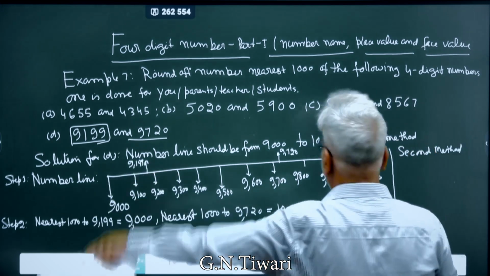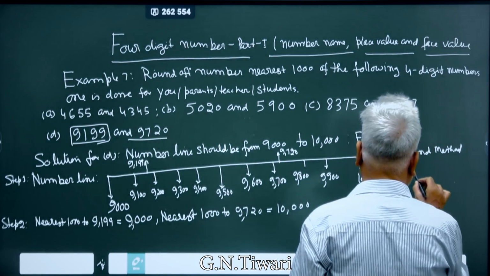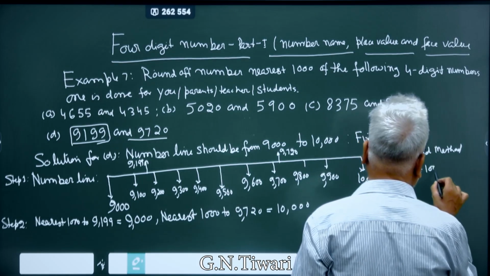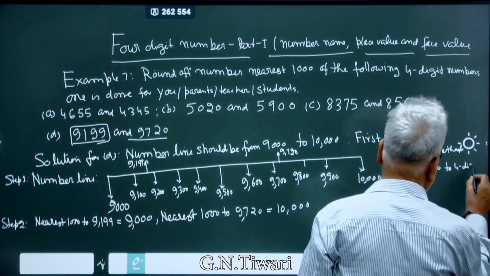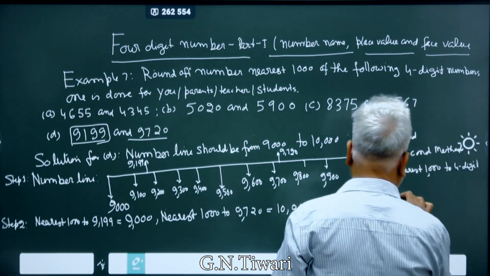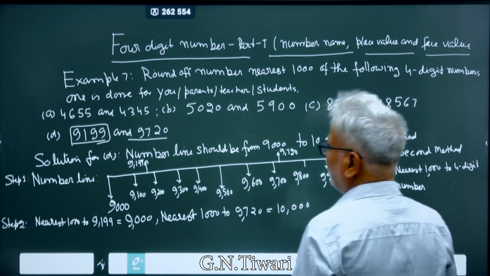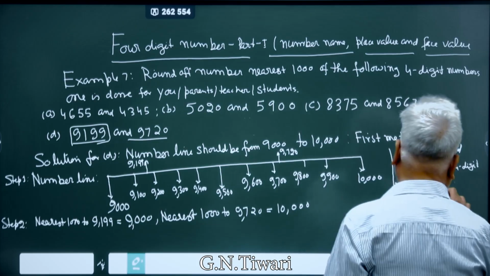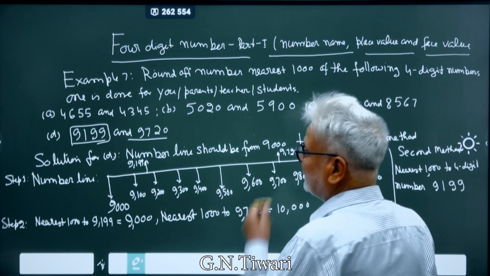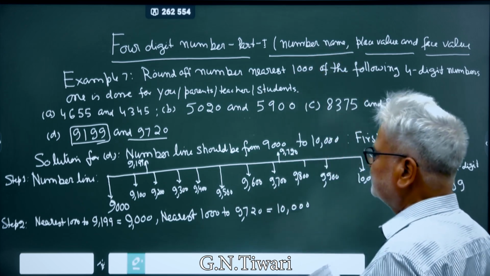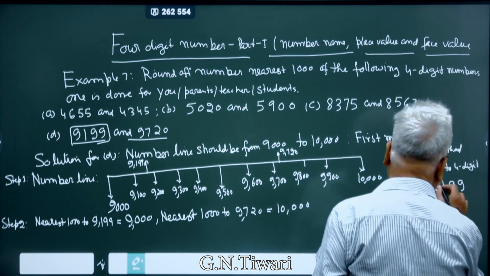अब मैं नियरेस्ट टू इसका लिख रहा हूं. नियरेस्ट 1000 to 4 डिजिट नंबर क्या है? 9199. यहां जरा ध्यान से देखिएगा, बहुत इंपॉर्टेंट चीज है, क्योंकि नियरेस्ट 1000 कह रहा है तो 1000 को यहां कट कर दीजिए.